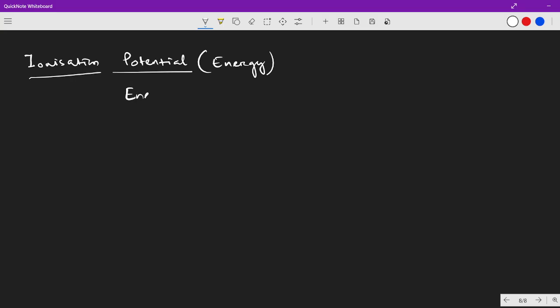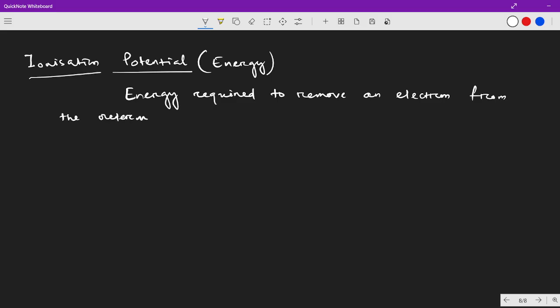Energy required to remove an electron from the outermost shell of an isolated gaseous atom.